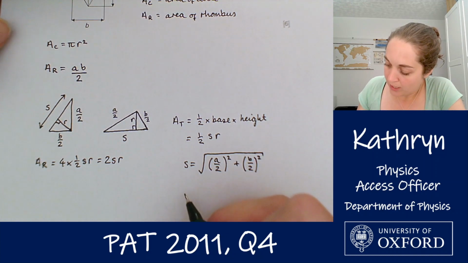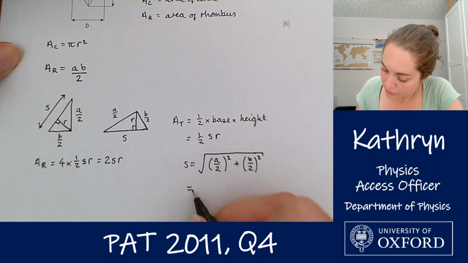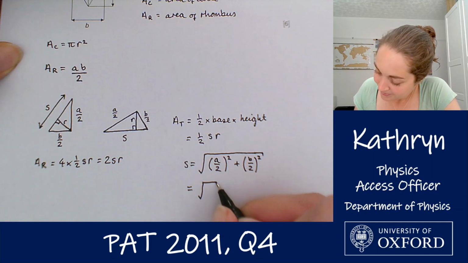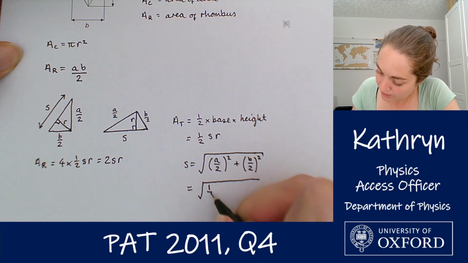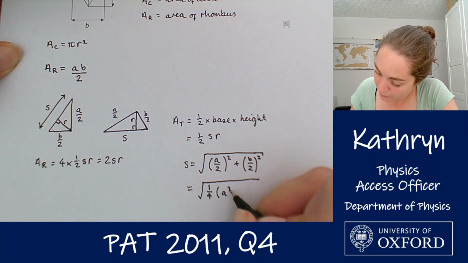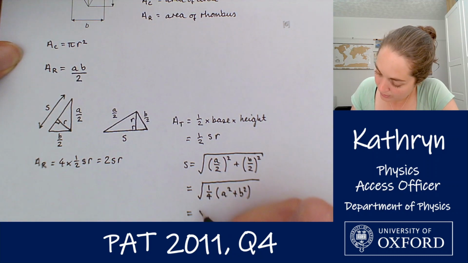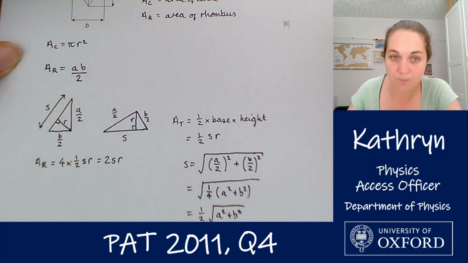Now, let's just multiply this out. So what have we got? We've got the square root of a quarter times (A squared plus B squared), or a half times the square root of A squared plus B squared.